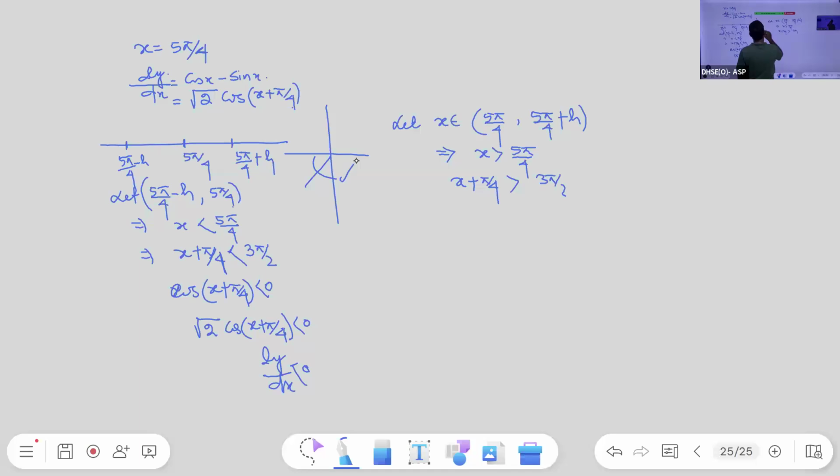Greater than 3 pi by 2 means fourth quadrant. In fourth quadrant, cos is positive. So dy upon dx changes its sign from negative to positive.